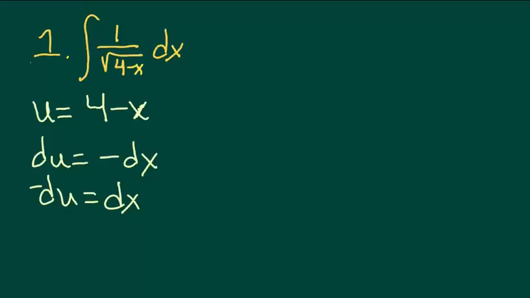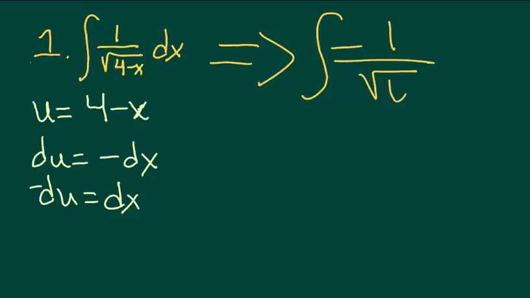And now we can just substitute. So the integral of 1 over the square root of 4 minus x dx becomes the integral of negative 1 over the square root of u du. The negative coming from the negative that's over here.